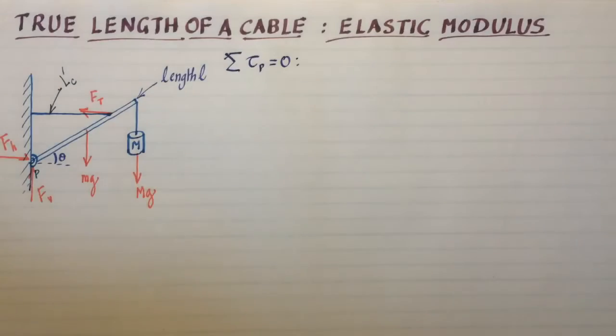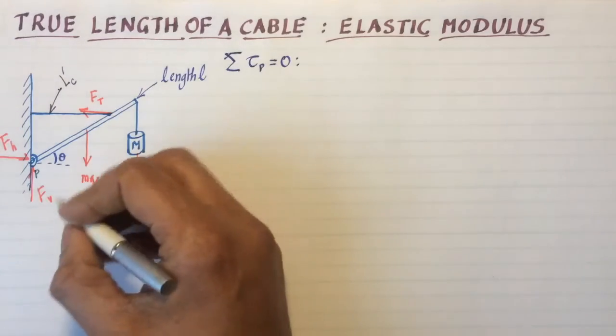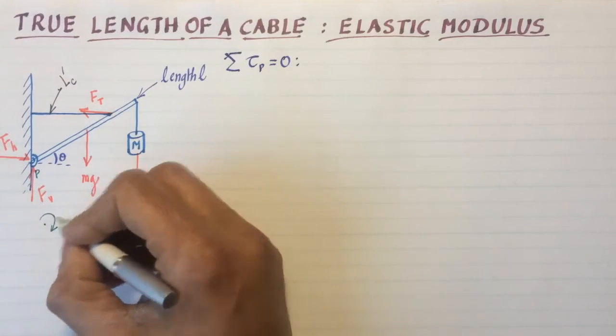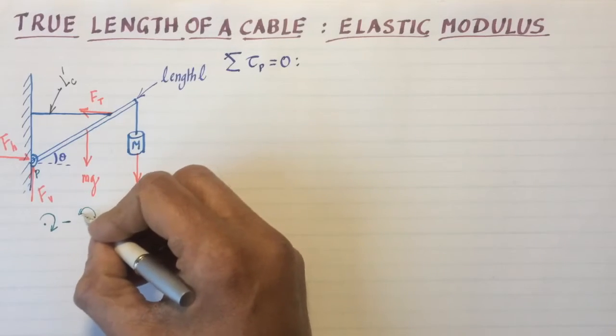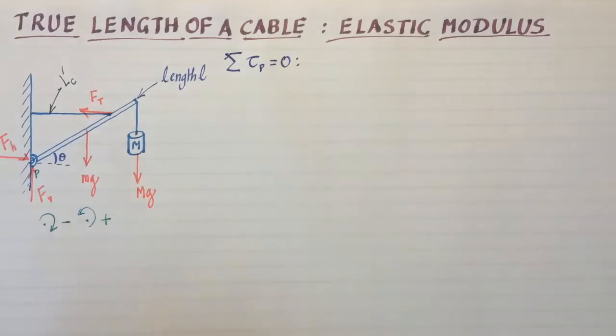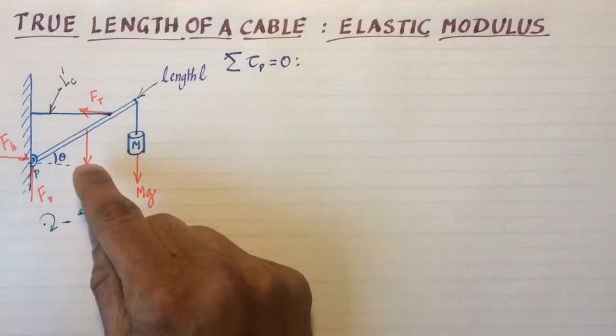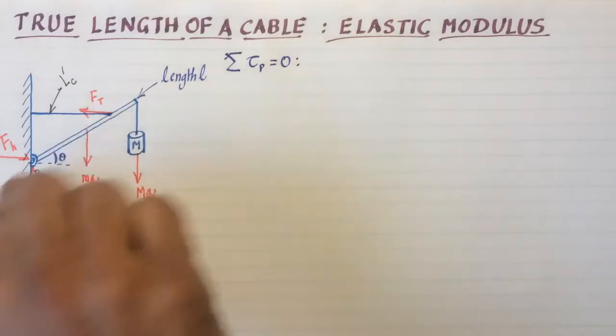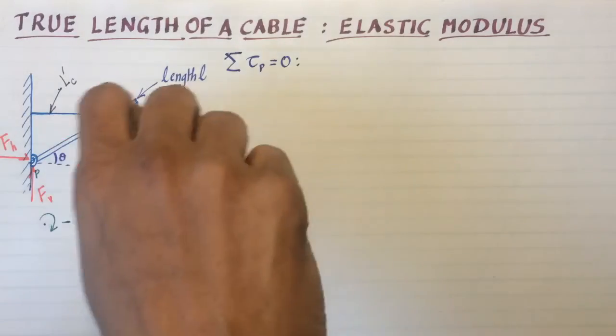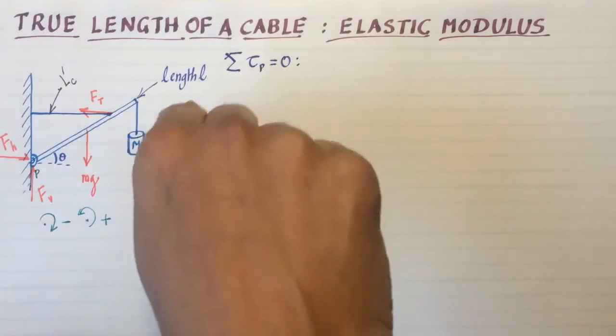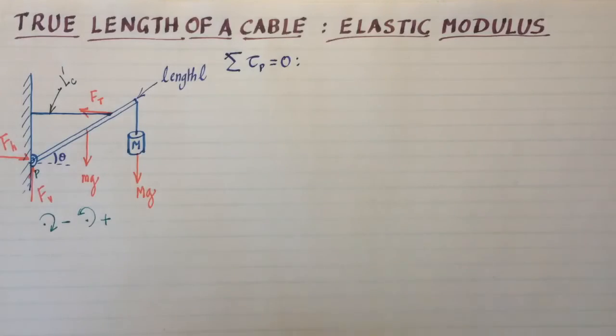Remember the conventions that we have for torque. Clockwise torques are negative and counterclockwise torques are positive. Gravity here is a clockwise torque because R cross F is into the page for both these forces.